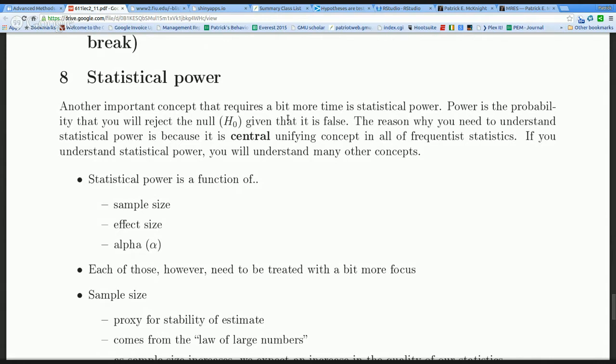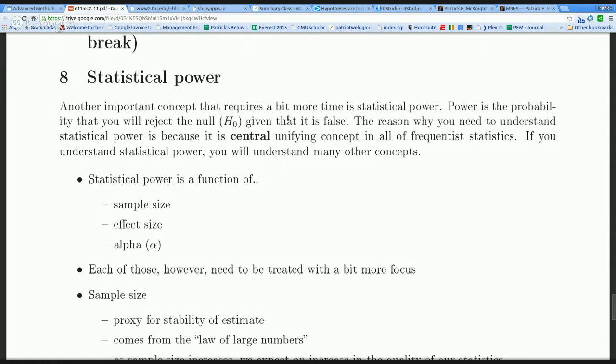Because of that, we oftentimes want to know whether we've adequately started out with a fighting chance to reject the null. So let me tell you what the statistical power components are so that you have a better understanding about what's going on.